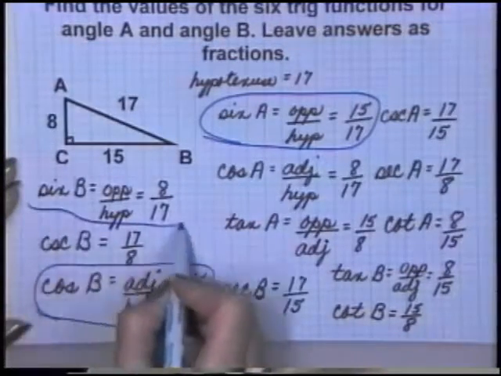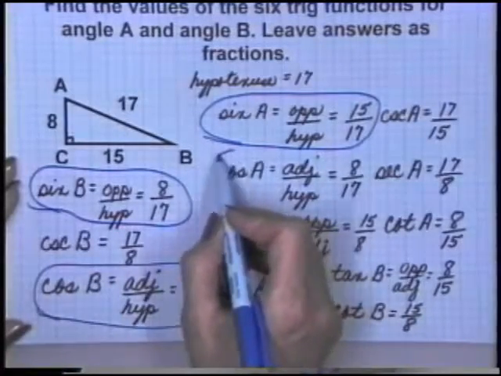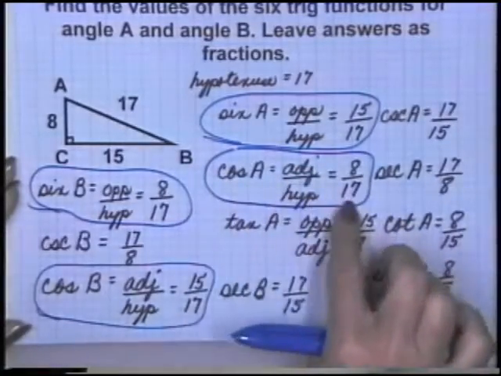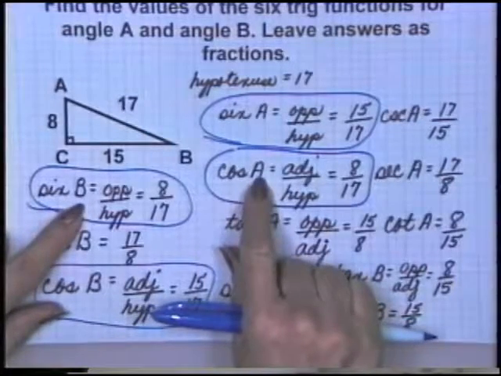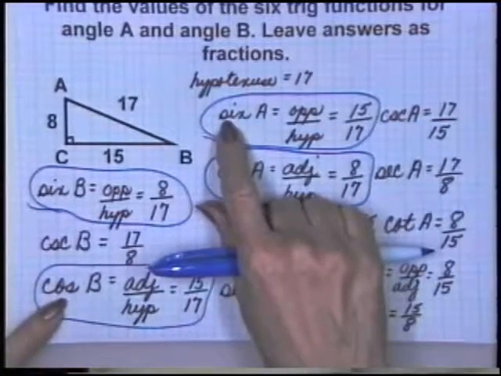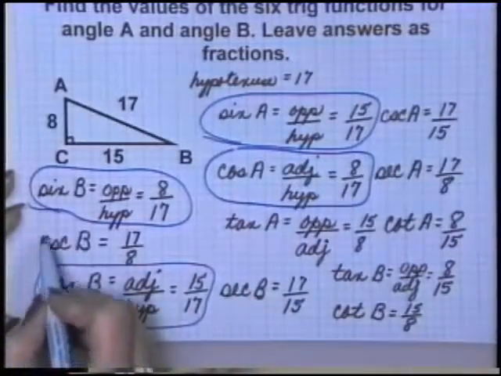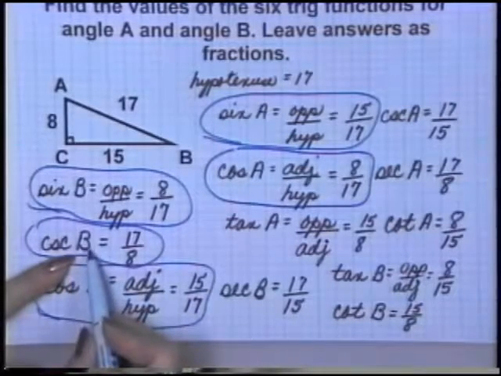Did you notice that the sine of angle B, which is 8 over 17, equals the cosine of angle A? Notice these are cofunctions. Notice those are complementary angles. Cofunctions, complementary angles.